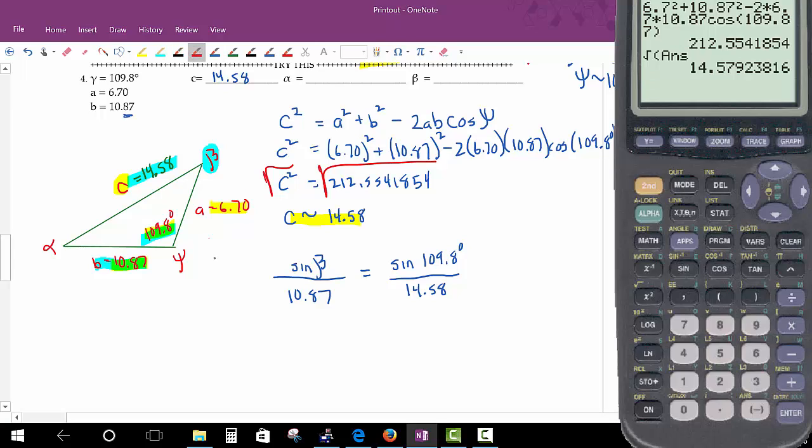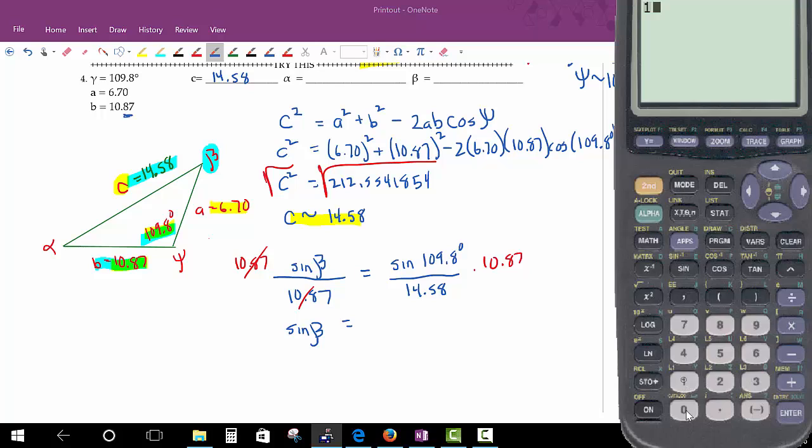Now I'm going to multiply both sides by 10.87, and then I can go to my calculator. So sine of beta is equal to 10.87, and I recommend you put that in before you do the sine, times sine of 109.8, then divide by 14.58, and get that recorded.